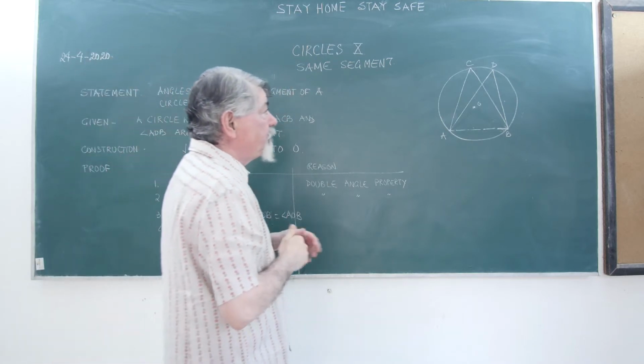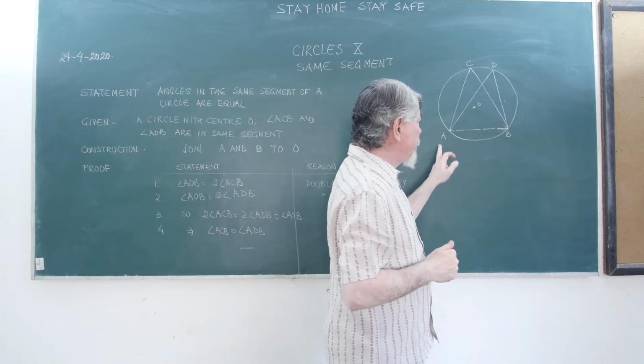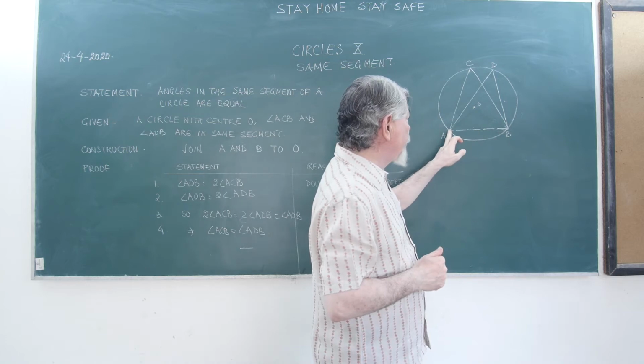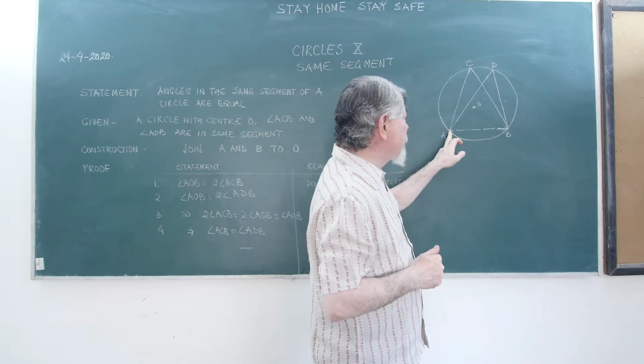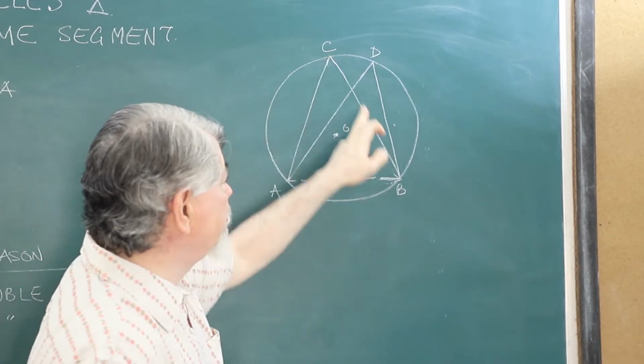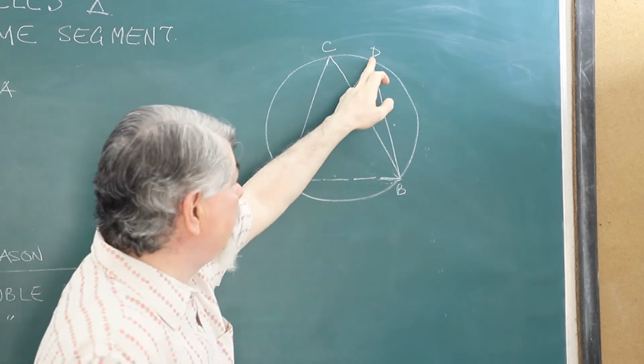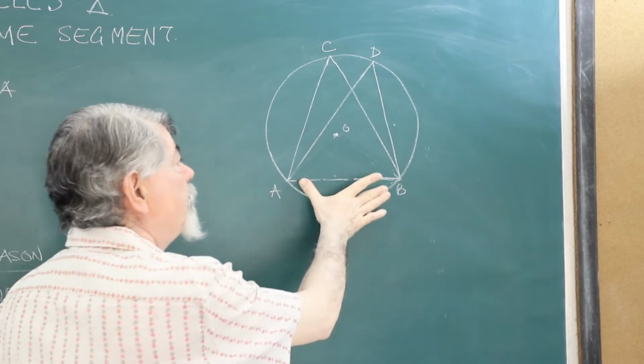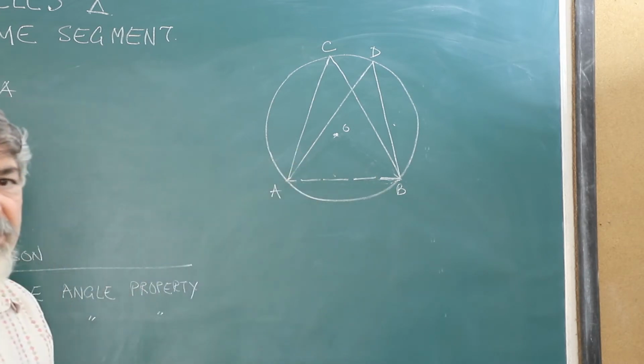Now here, if you see this figure, AB is any chord, and we have two angles, angle ACB and angle ADB in the same segment. I told you the base has to be the same for the triangle.